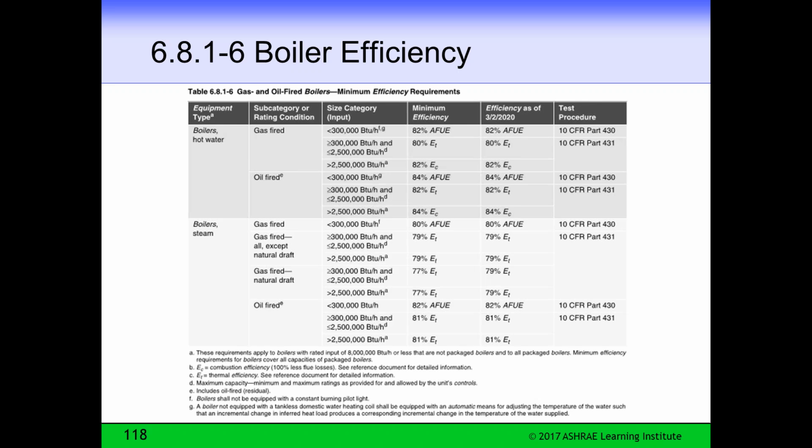Boiler efficiency. This is the boiler efficiency table. Now, you can see that the boiler manufacturers want as much notice of when they're going to have to change their product and test it and go through all the process of getting new efficiency numbers for their equipment.